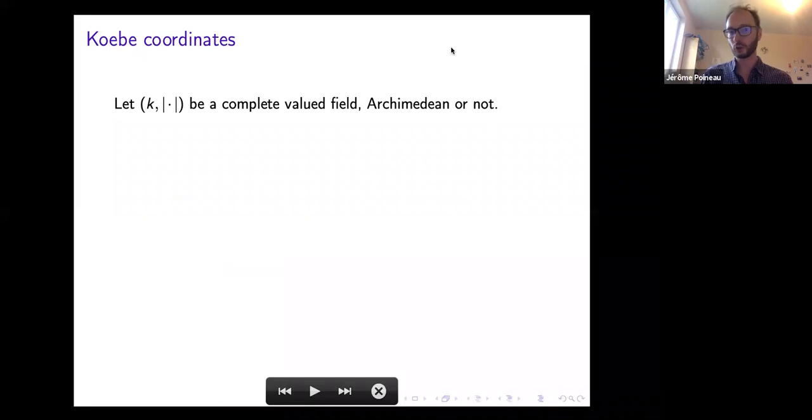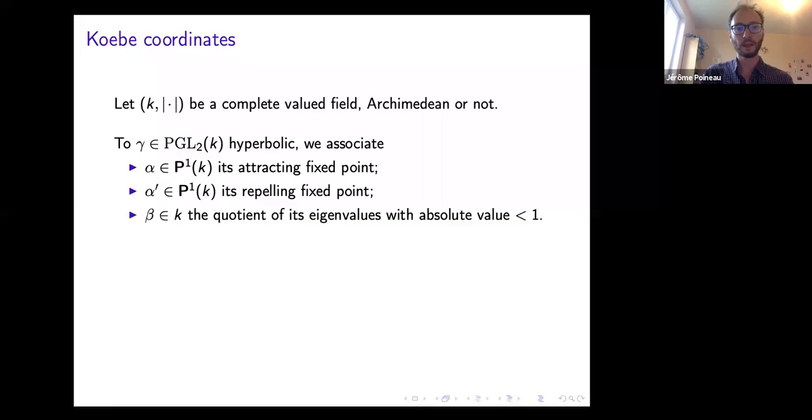So we start with a complete valued field that is either Archimedean or not, it doesn't matter. And so we now have some hyperbolic Möbius transformation. So it's some element of PGL2. So we could try to encode it by, I don't know, 4 coefficients, or not. But for what we want to do, it's much better to do it in another way, that's the so-called Koebe coordinates. So we have one attracting fixed point, one repelling fixed point, and also, this element has 2 eigenvalues.